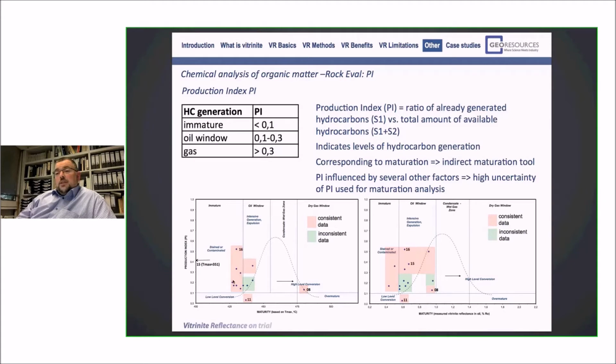And the same is true for PI versus Tmax. So PI seems to be a quite difficult and unreliable maturation parameter. But it's still pretty often used also in discussions about projects and studies. Very often people come up with PI values, so it's relatively common to use as an additional maturation parameter.